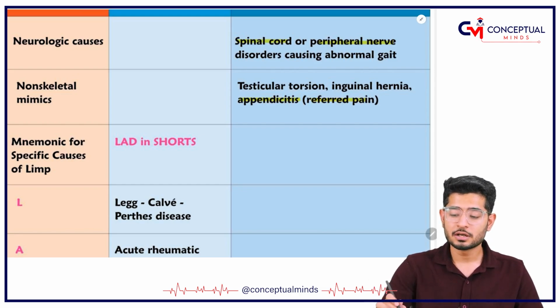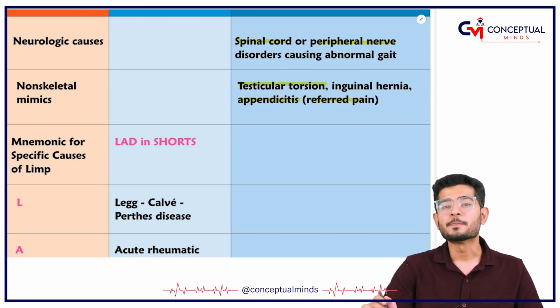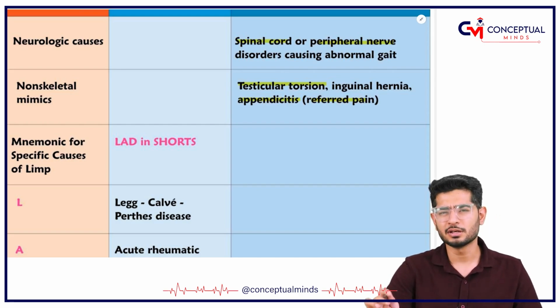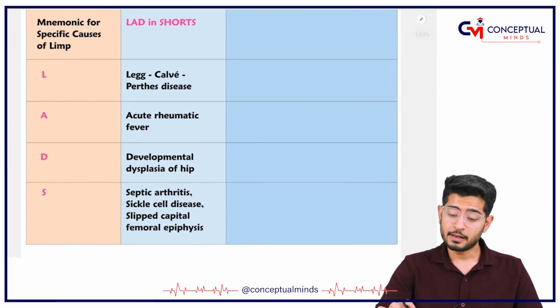Or if the patient has testicular torsion, the patient is going to have pelvic pain. So the patient is not going to exert pressure there, and of course the pressure will be taken on the other side. That is a mimic only, not the true cause of the limping.